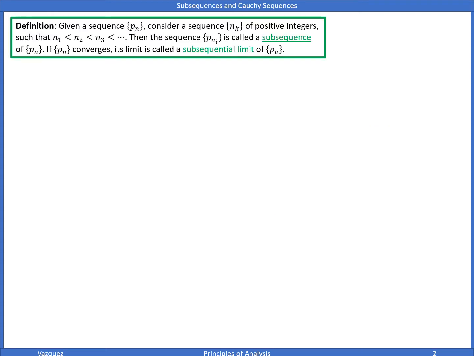A subsequence: given a sequence P sub n, consider a sequence n sub k of positive integers such that n1 is less than n2, less than n3, and so on and so forth. Then the sequence P sub n sub i is called a subsequence of P sub n.